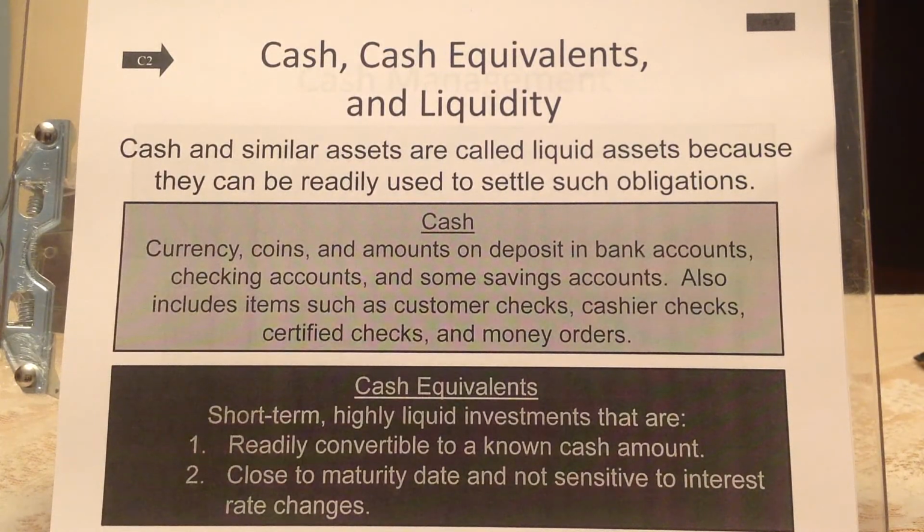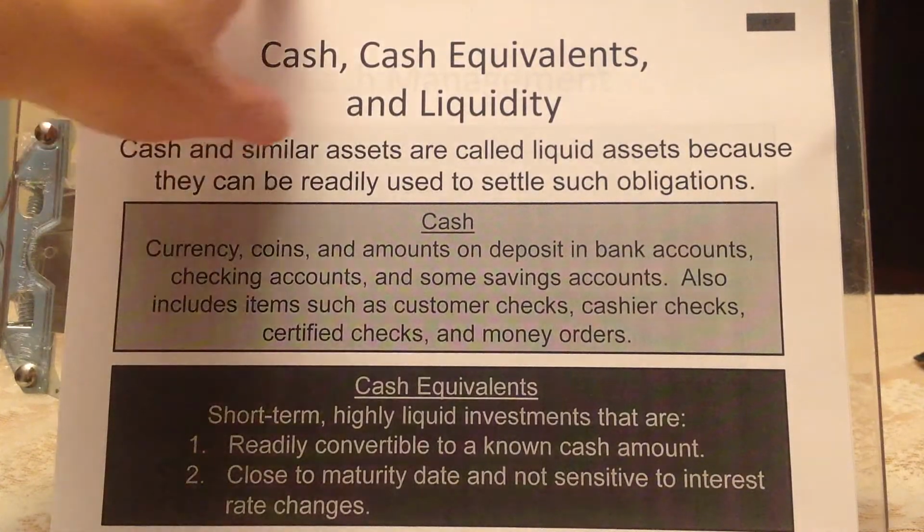It also includes items such as customer checks, cashier's checks, certified checks, and money orders. Cash equivalents are short-term, highly liquid investments that are readily convertible to a known cash amount, close to maturity date, and not sensitive to interest rate changes.